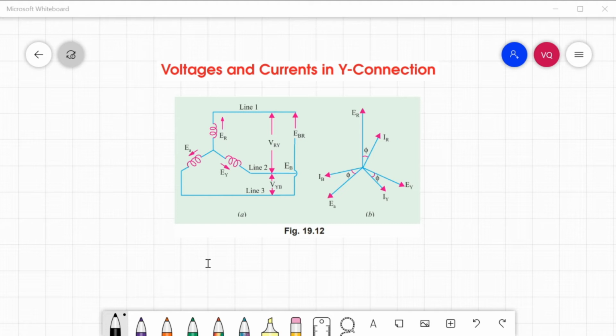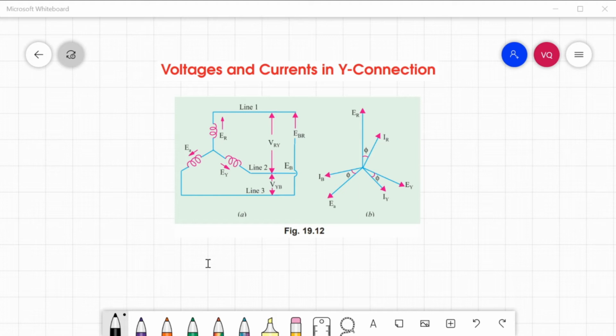In our examples or in your exams, we will use ABC. So phase voltage EA will be equal to phase voltage EB and equal to phase voltage EC, that is your phase EMF. The line voltage VAB between line 1 and 2 is the vector difference of EA and EB.